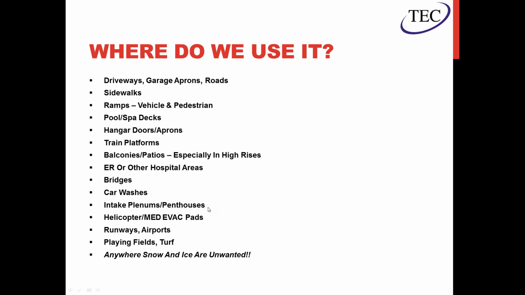More popular these days I've seen are intake plenums and penthouses around air handlers to prevent any snow or ice from building up around those areas. Those have become extremely popular on buildings.